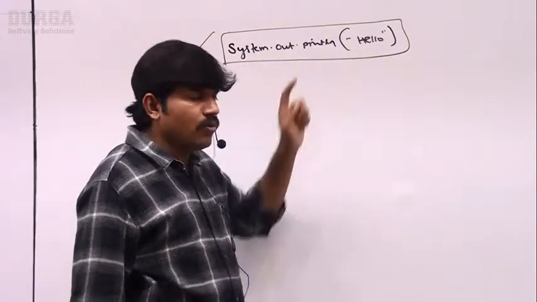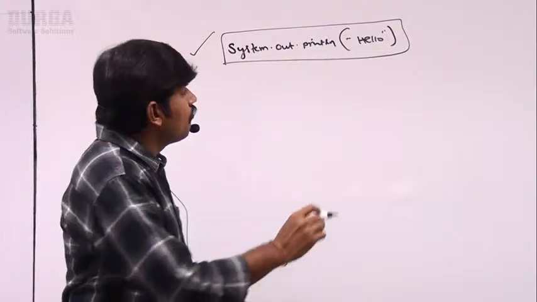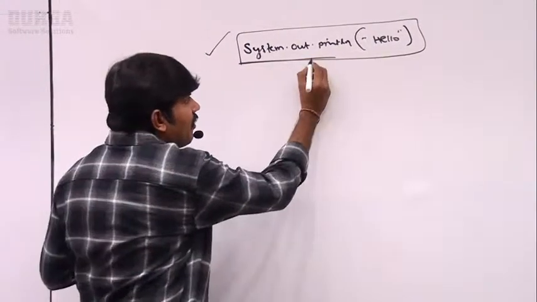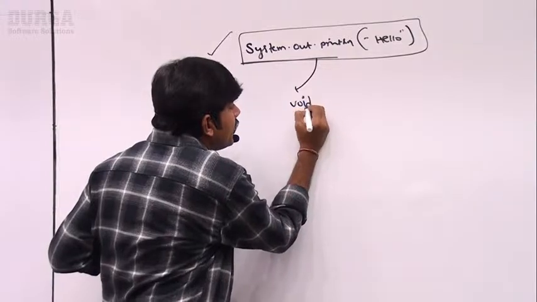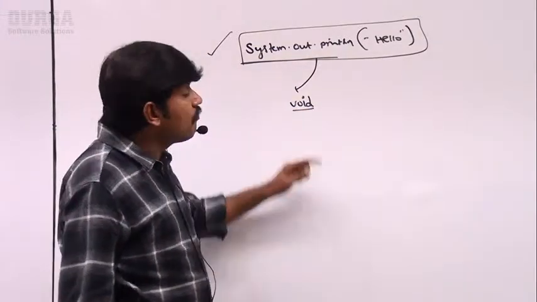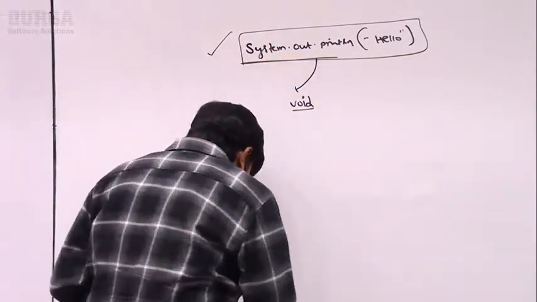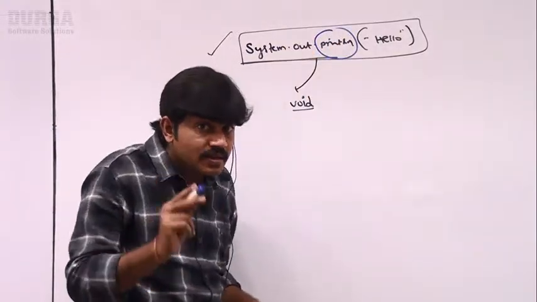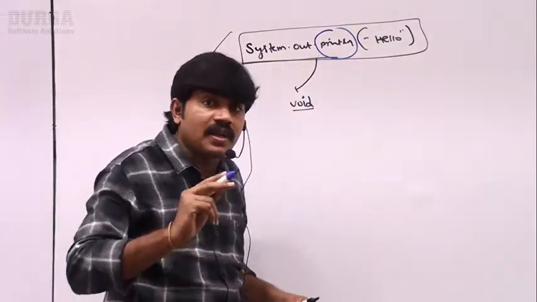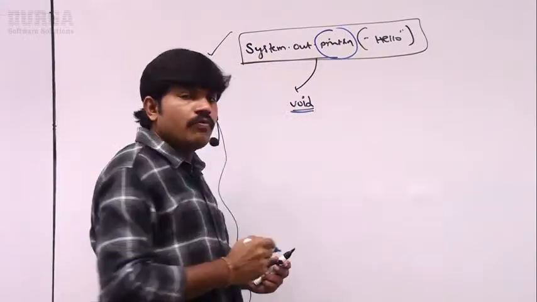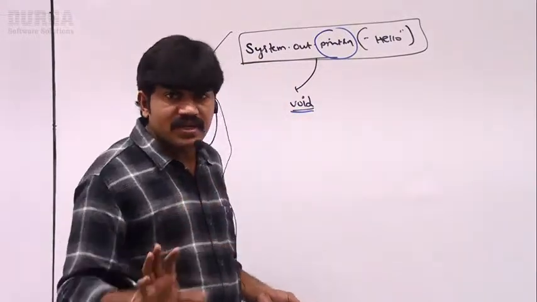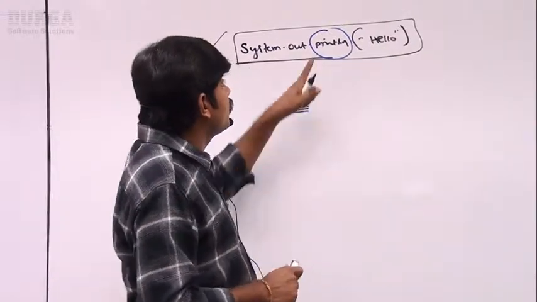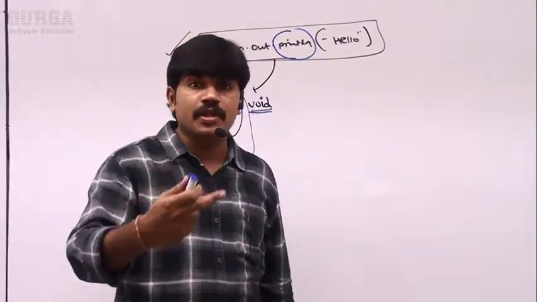Simply it's going to print hello. The reason is that the return type of this method call is void. Remember that. In the PrintStream class, the println method is available. The return type of print and println methods is void. That's why it is not going to return anything. If it is not going to return anything, then automatically there is no chance of creating an implicit variable.